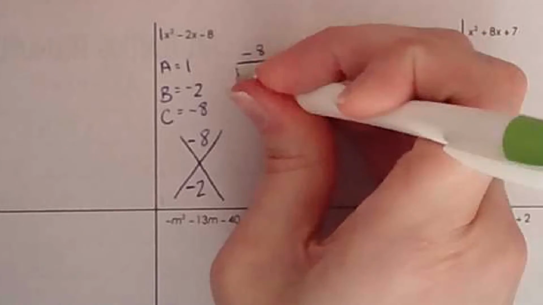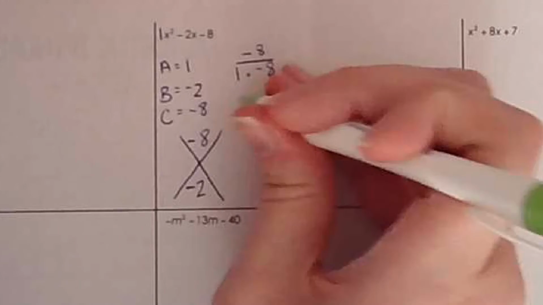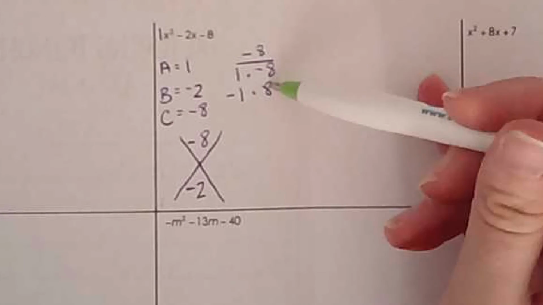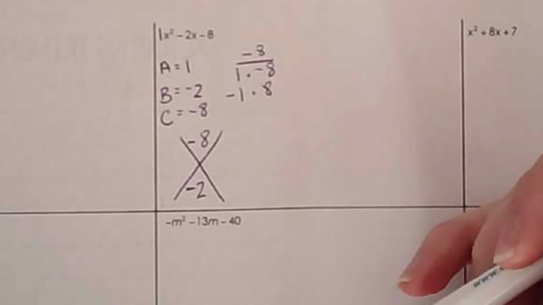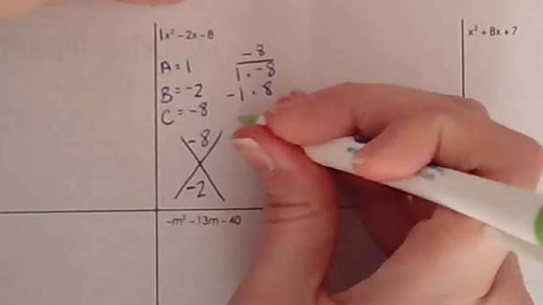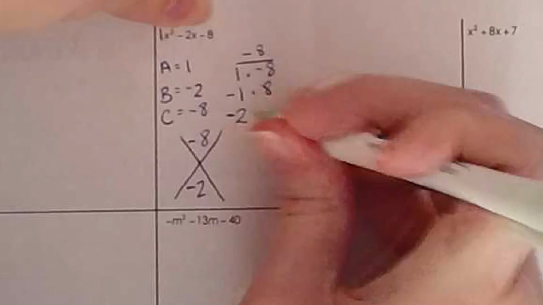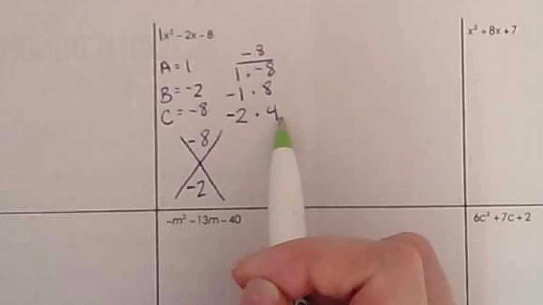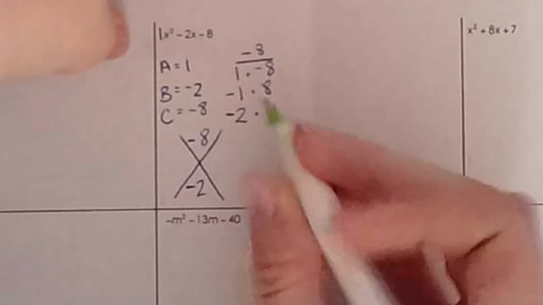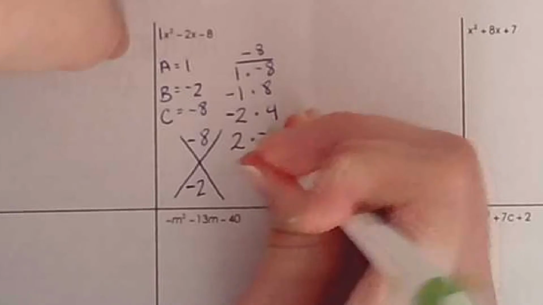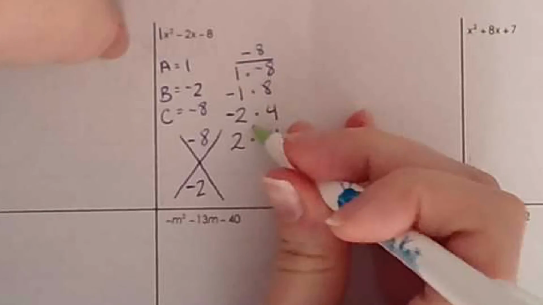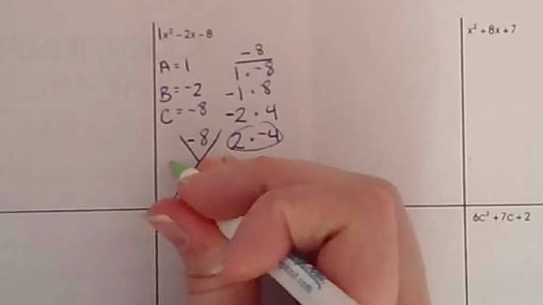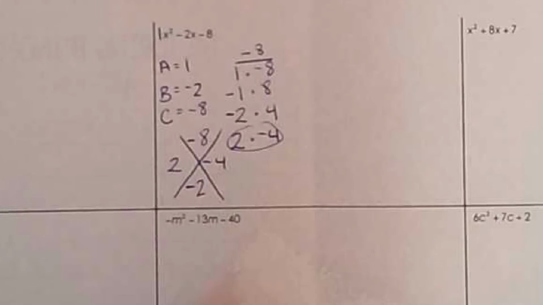So I could do 1 times negative 8, or negative 1 times positive 8. Neither of those adds up to negative 2. I could do negative 2 times positive 4, but negative 2 plus 4 gives me positive 2. So if I switch that, 2 times negative 4, this pair is going to work. That tells me my two magic numbers here are 2 and negative 4.